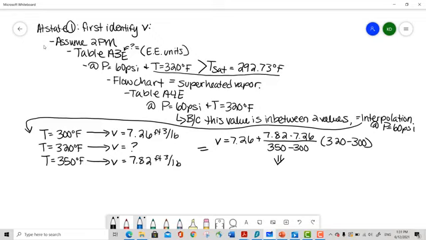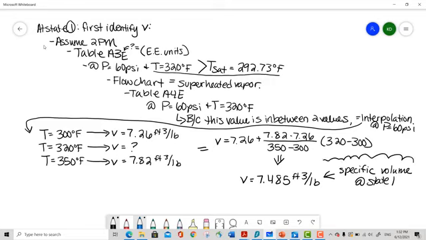When you solve it, it ends up with a specific volume of 7.485 feet cubed per pound, and this is the specific volume at state 1. Okay, so we have that information.